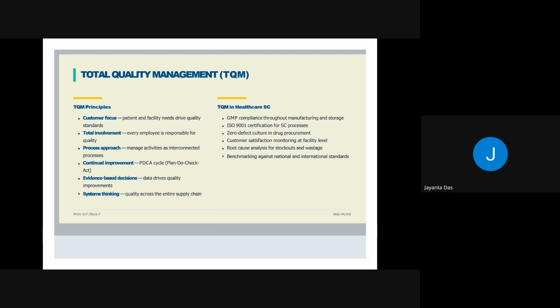So total quality management includes good manufacturing practice compliance throughout manufacturing and storage, ISO certification, zero defect culture, customer satisfaction monitoring, root cause analysis for stockouts and wastage. If they are still happening, we need to find out why, and benchmarking against national and international standards. We always benchmark against all those available standards and try to achieve or do better than that.